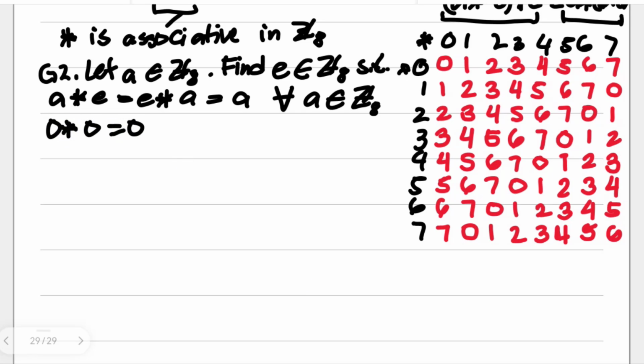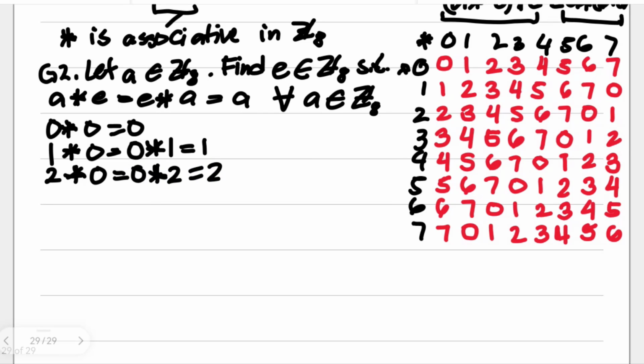That's for 0 alone. If we use 1 star 0, that's equal to 1. Meaning, if we operate 1 with 0, no matter the placement of 1 and 0, we'll still get 1, the 1 itself. If we operate 2 with 0, or 0 with 2, you will still get 2. 3 with 0, 0 with 3, you will get 3.